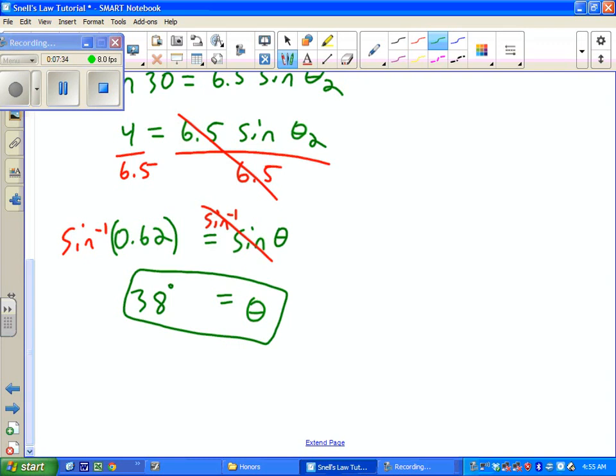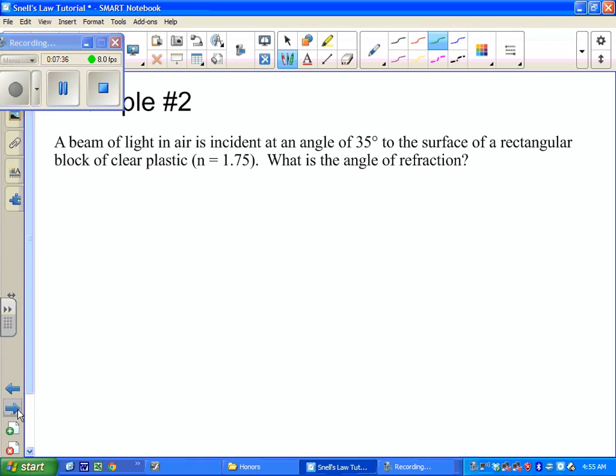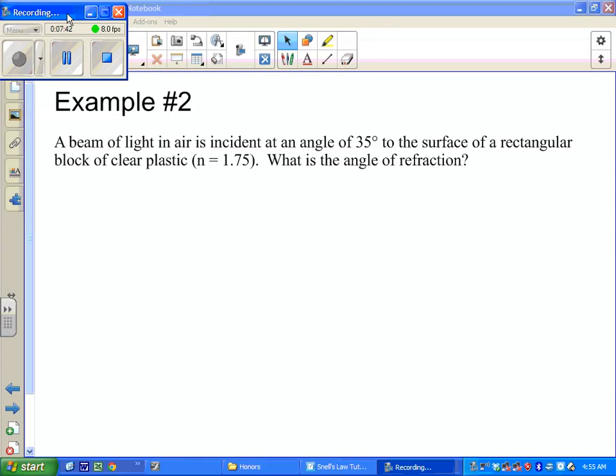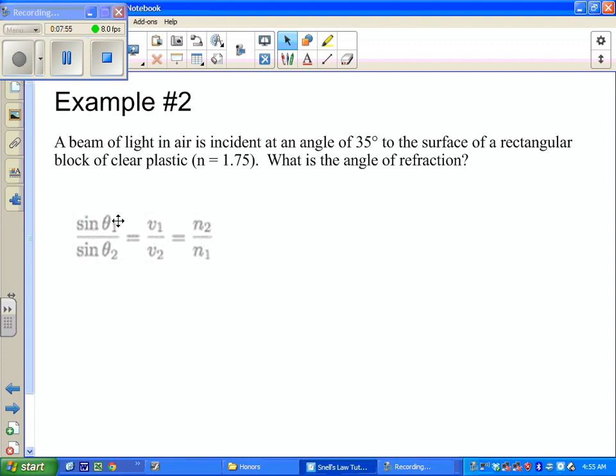Let's look at one more example. I want to look at one more example that has this index of refraction as opposed to the velocity. So a beam of light in air is incident at an angle of 35 degrees to the surface of a rectangular block of clear plastic. What is the angle of refraction? So once again, we have our equation.